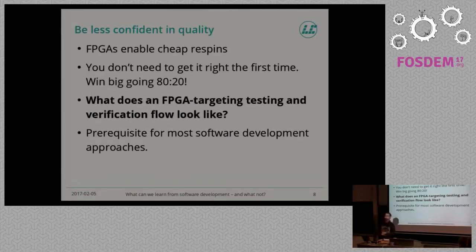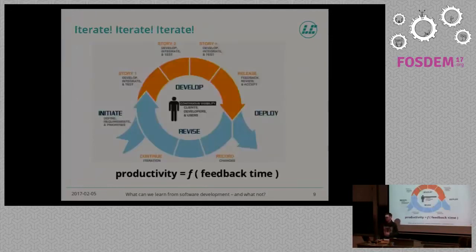But this 80-20 approach is the prerequisite, the required thing that you need to have if you want to go more to a software-like development flow. And if you look at software development flows, they have been moving in this agile direction, because you want to iterate. You want to be very fast in your trials and errors. You don't want to start with one specification, but you want to go in small steps.